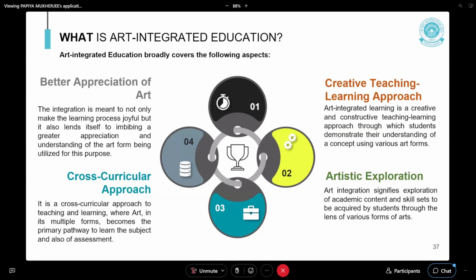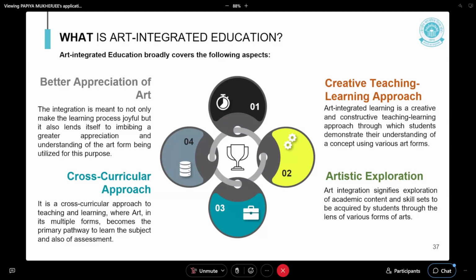It is a creative teaching learning approach, as well as constructive, which students demonstrate while they use various forms of art, theater, painting, dance, or music.